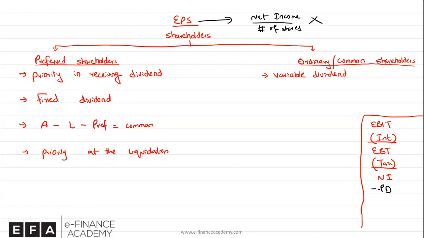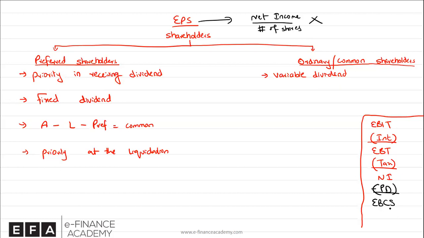Once preferred dividends have been paid, the leftover profit that solely belongs to common shareholders or ordinary shareholders is called earnings belonging to common shareholders. You can give it any name, but I would like to call it EBCS, meaning it's a profit that belongs to common shareholders. This is a profit that solely belongs to common shareholders, and they are the ones who can only lay a claim on this.